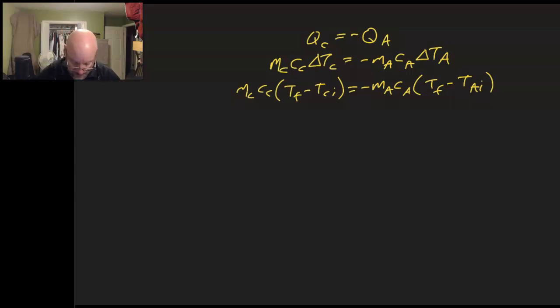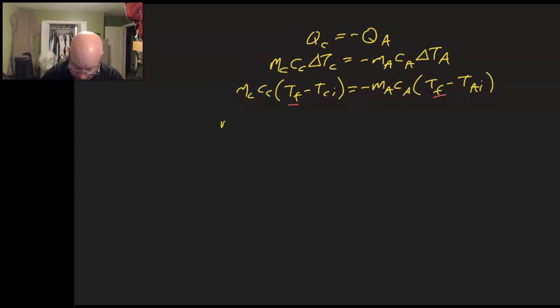Stepping back from things, I know MC, I know CC, I know MA, I know CA, I know TC initial, I know TA initial. The only thing I don't know here is T final. There's only one of those, so I've got one unknown in my one equation. So one unknown, one equation, we can solve this thing. All right, so let's get after it.